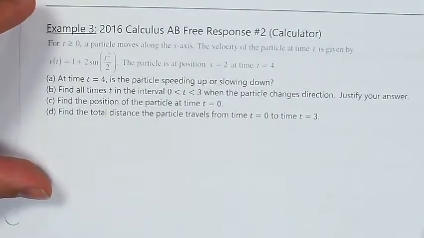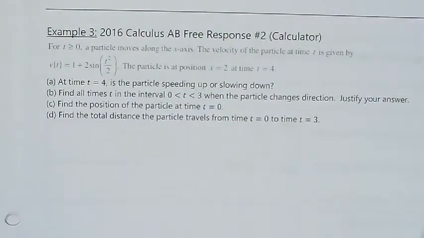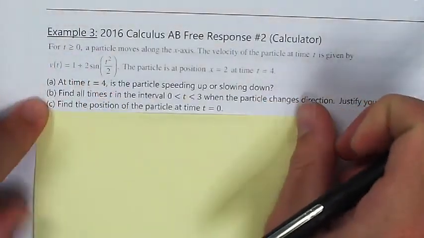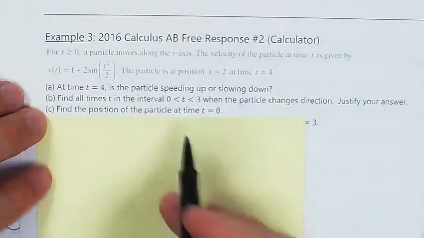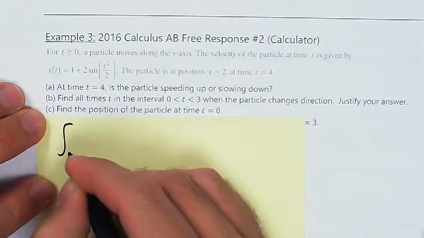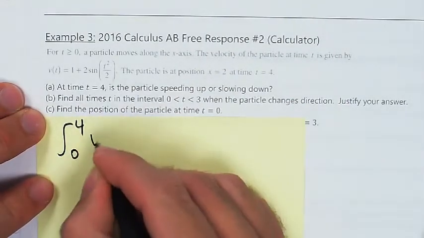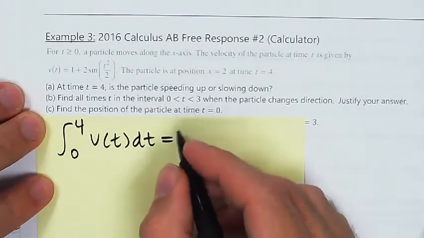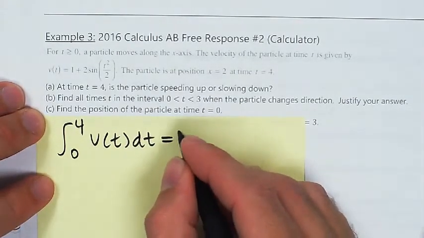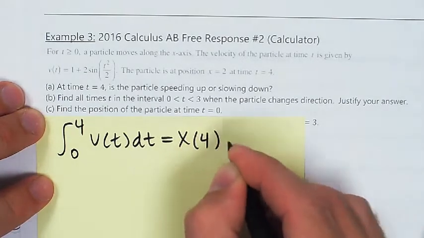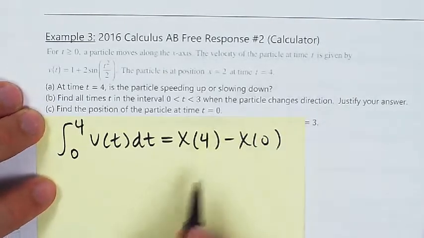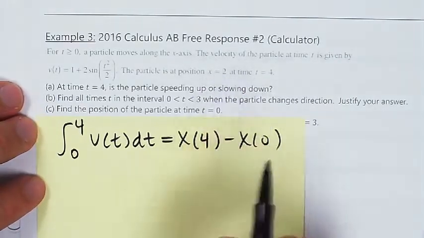Find the position of the object at time t equals 0. Okay. That one's going to be kind of backwards in time, but we can still deal with that. If we have a position at time 4 and we want a position at time 0, we'll just integrate from 0 to 4 velocity. And that's going to be the position at time 4 minus the position at time 0. Okay. But we already know that the position at time 4 is 2.